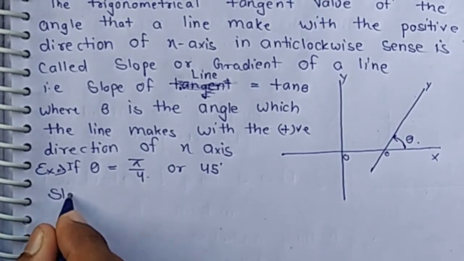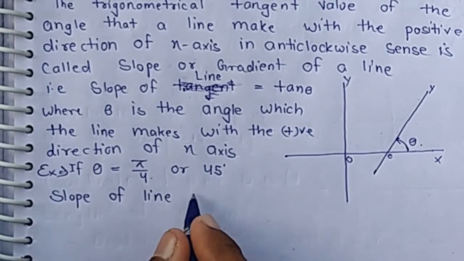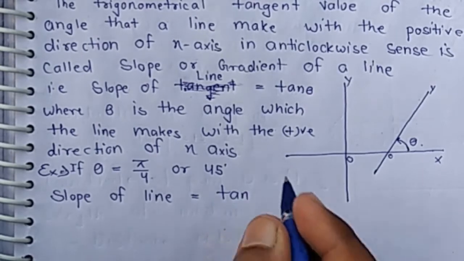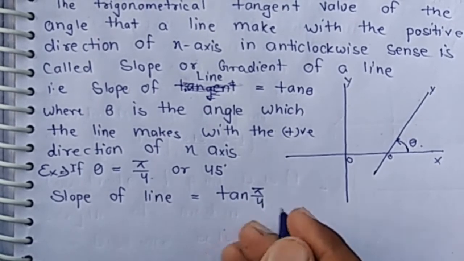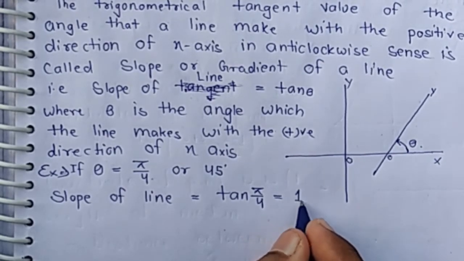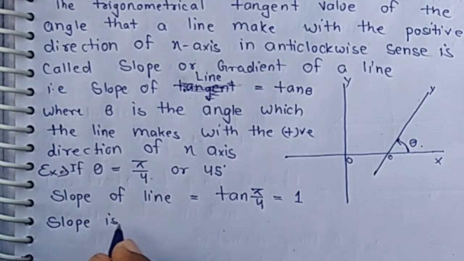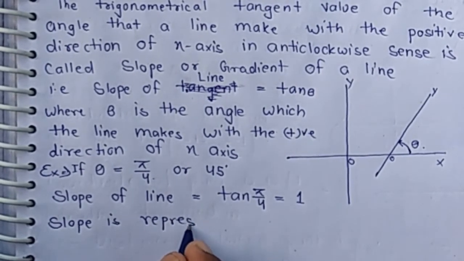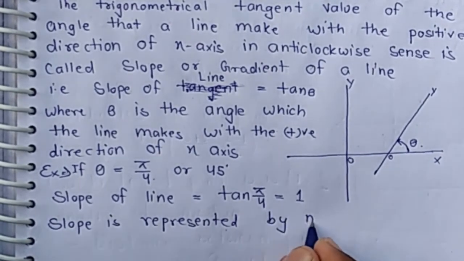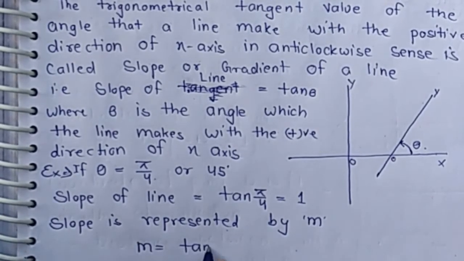Then slope of line is tan pi by 4 or tan 45, and value of tan 45 is 1. Slope is represented by m, then m equal tan theta.